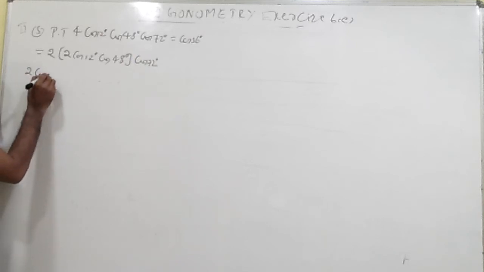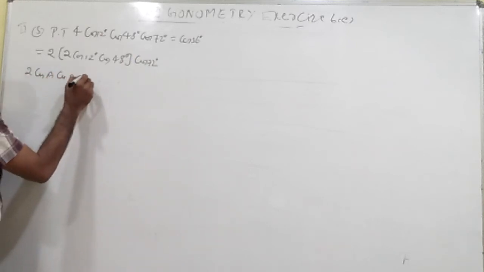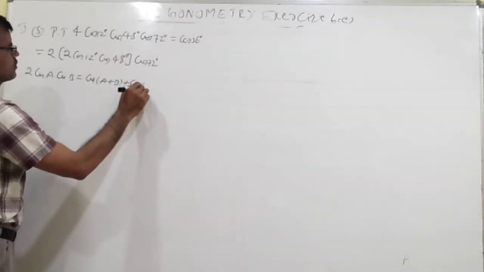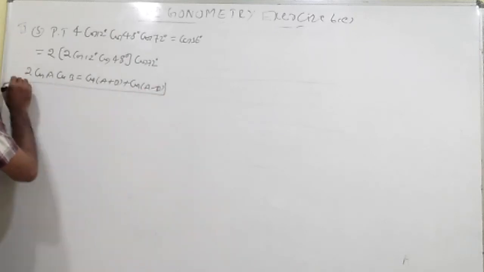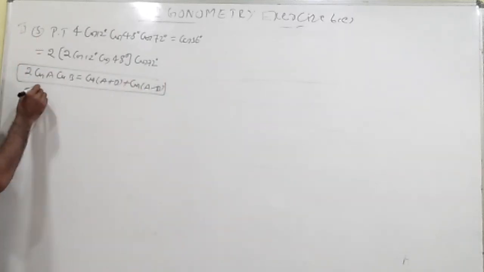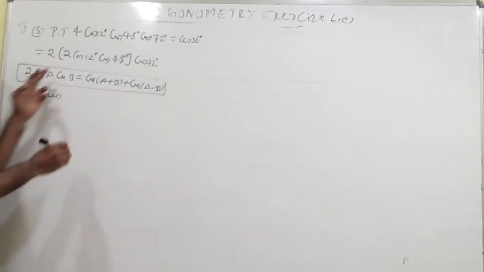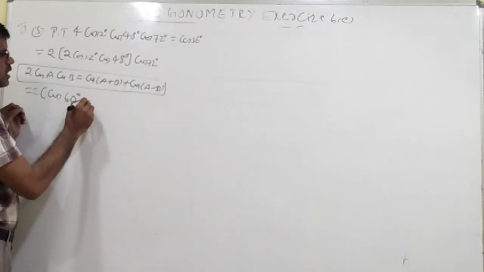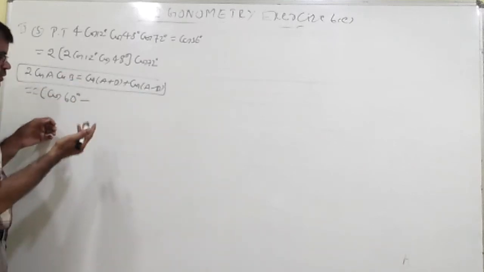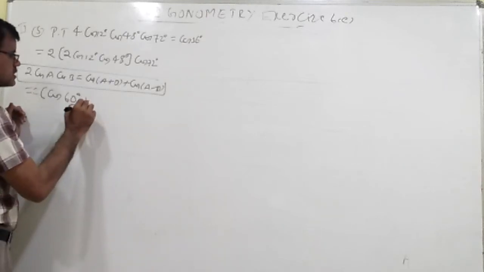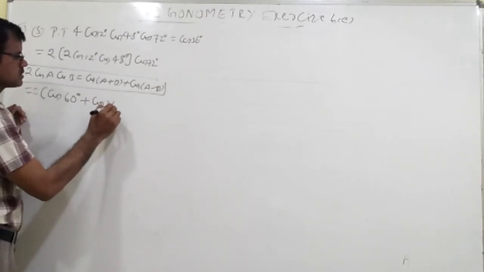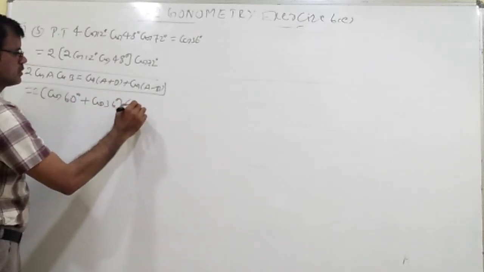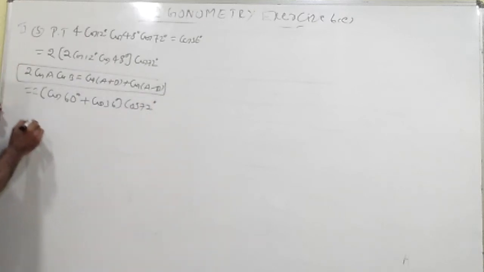Let us remember the formula: 2 cos A cos B is cos of A plus B plus cos of A minus B. That is equal to 2 into cos 12 plus 48 becomes 60, plus cos of A minus B, 12 minus 48, minus 36. Even though it is minus 36, for cos there is no minus. That is why simply write as cos 36, and outside cos 72 had written.